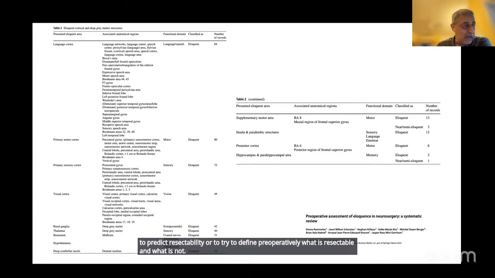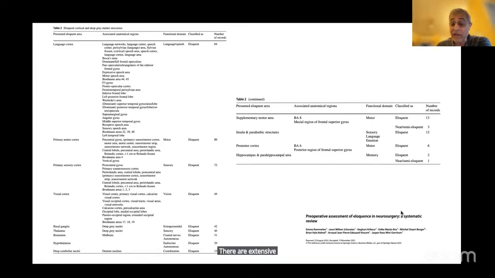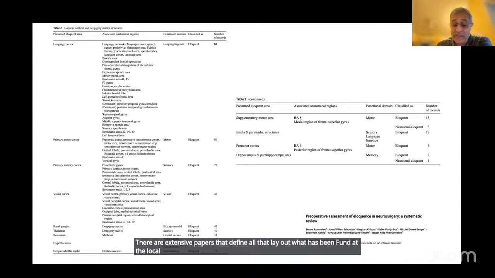There are extensive papers that lay out what has been defined as eloquence. So the definition of eloquence itself is not very clearly understood or not accepted by everybody.